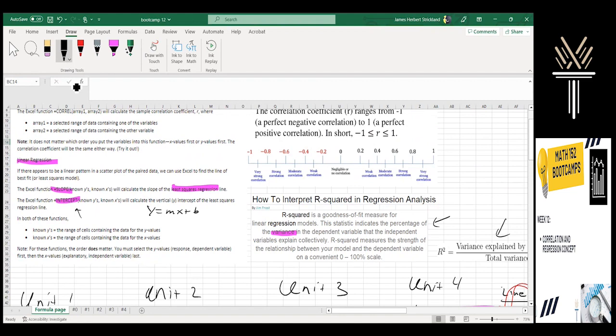But in statistics, we write it a little bit differently. In statistics, we like to write it as y hat, because we're predicting or estimating, equal to this b first, and we often call it b naught, plus or minus, depending if the slope is positive or negative, of our slope, which we call b1, and then x. So this m is the b1.